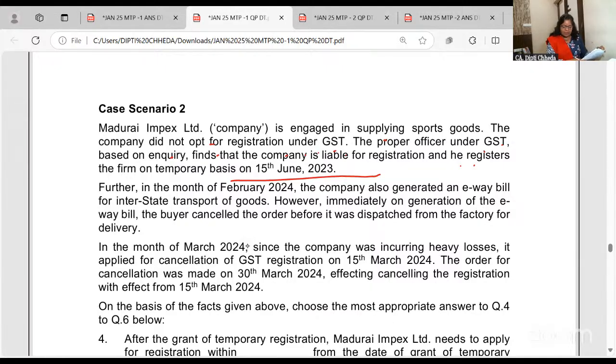Okay. So this is a nice case scenario for the registration part. Temporary registration you got. Further, in the month of February, the company also generated an e-way bill.